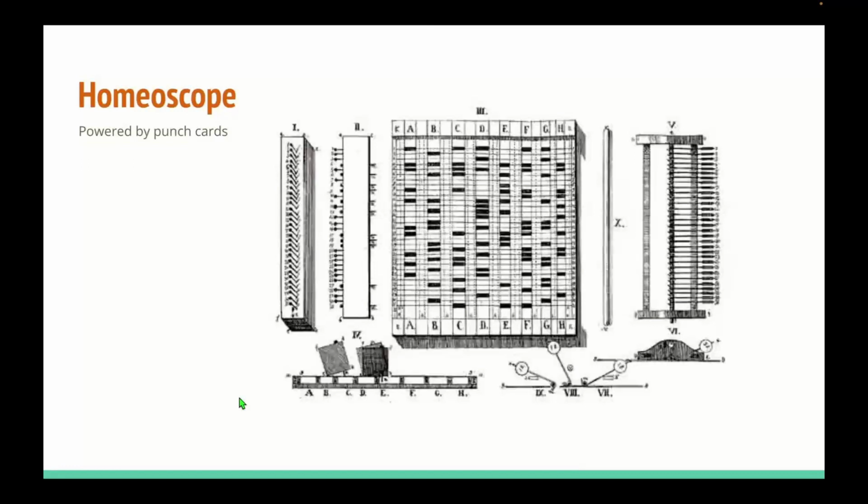This tool, the homeoscope, was designed to see if we can store treatments for diseases. So you could imagine they had a pneumonia stack, and it was a little stick with pins sticking out of it, and they would run that stick along this perforated piece of paper to identify a match.